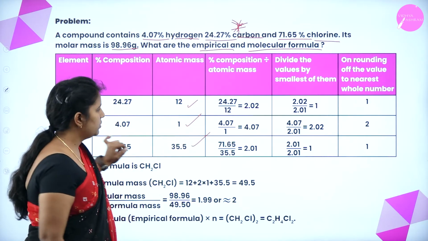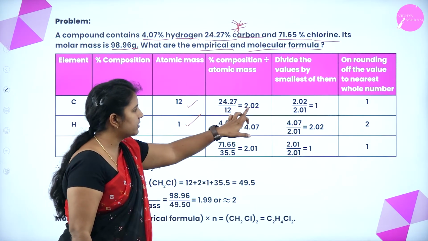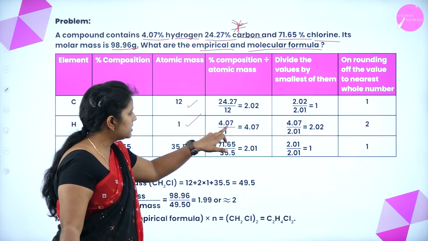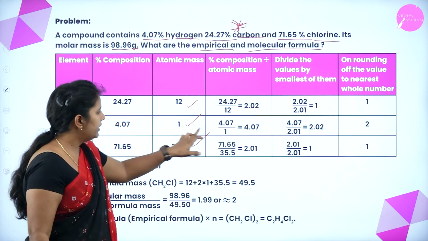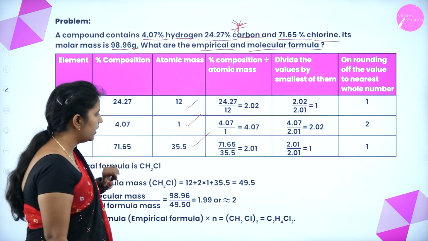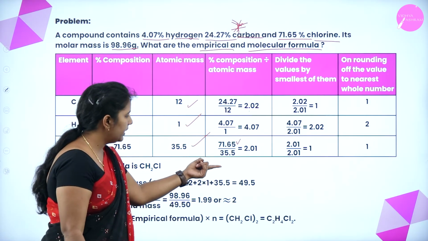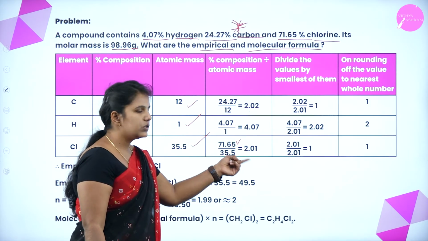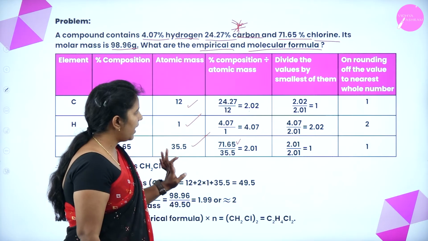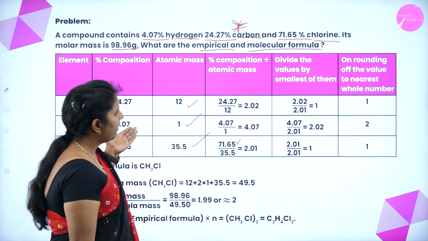So the percentage of carbon divided by the atomic mass of carbon gives 2.02. Next, the percentage of hydrogen divided by the atomic mass of hydrogen gives 4.07. And the percentage composition of chlorine divided by the atomic mass of chlorine gives 2.01.